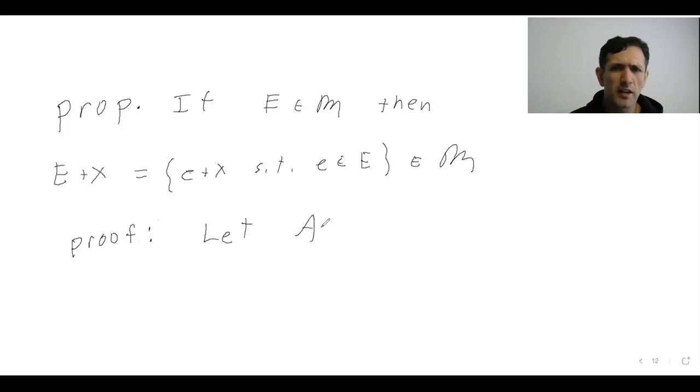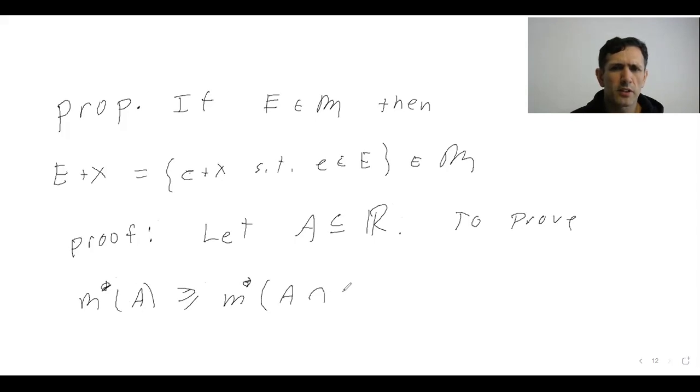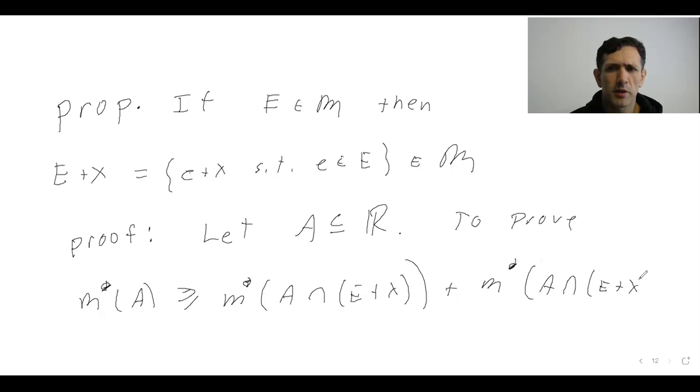So let's say A is a subset of R. Usually, what do we need to prove? We need to prove that the outer measure of A is bigger or equal to the outer measure of A intersect E plus x plus the outer measure of A intersect E plus x complement. That's what we usually need to prove.